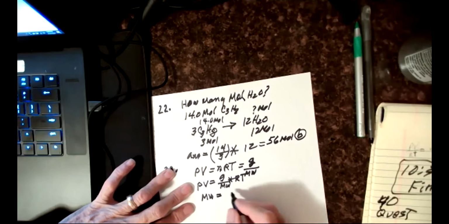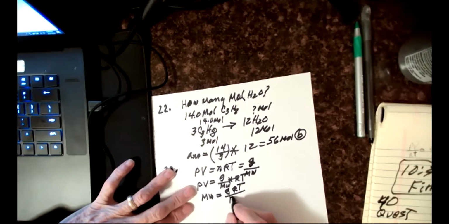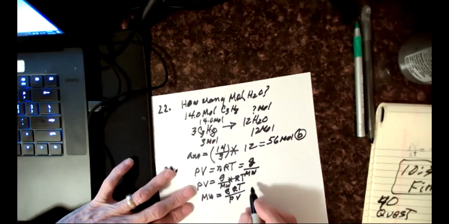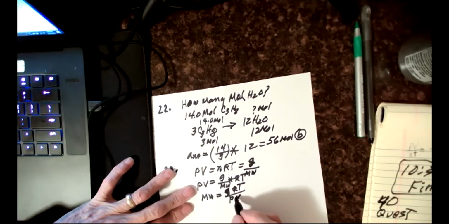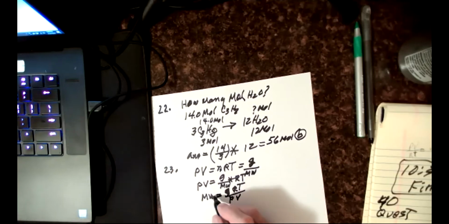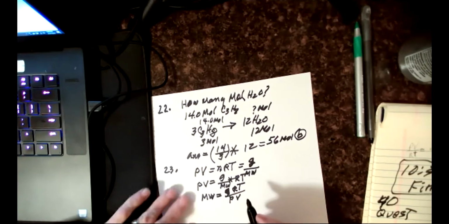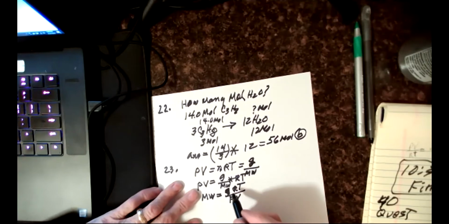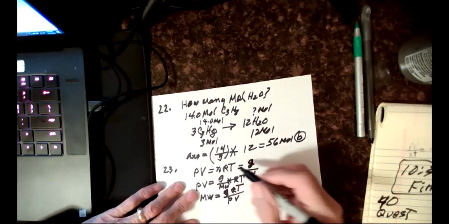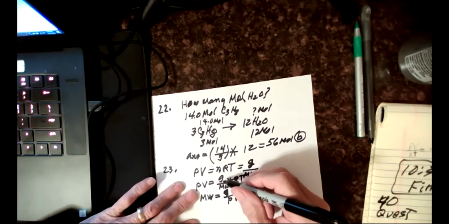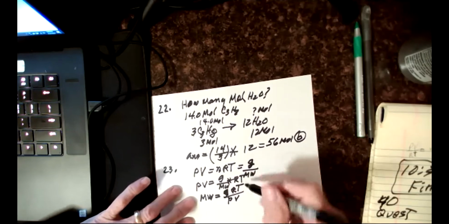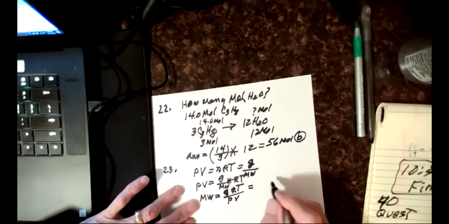So molecular weight is going to be GRT over PV. That's G. I think we got it calculated correctly. GRT over PV.